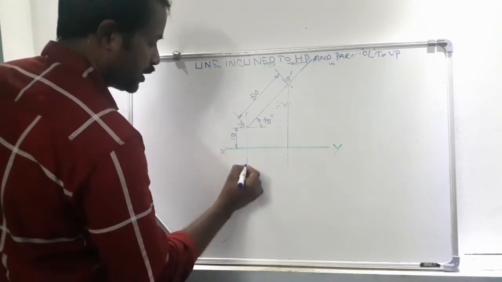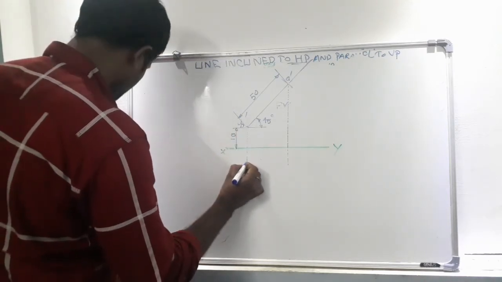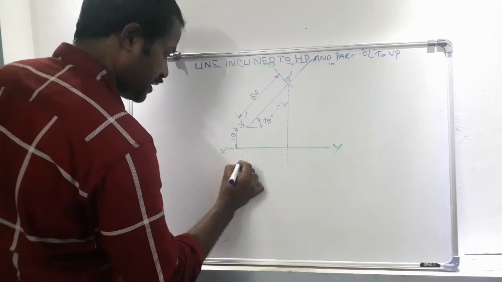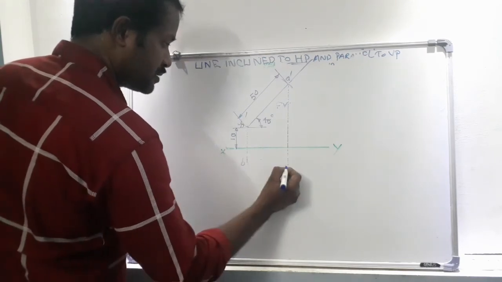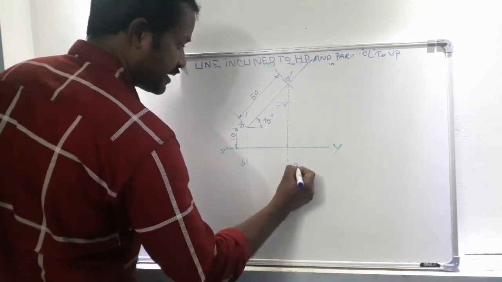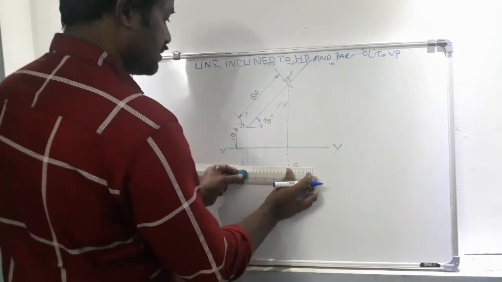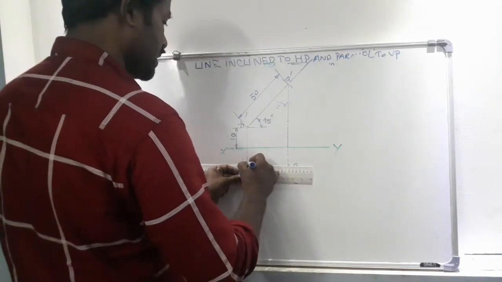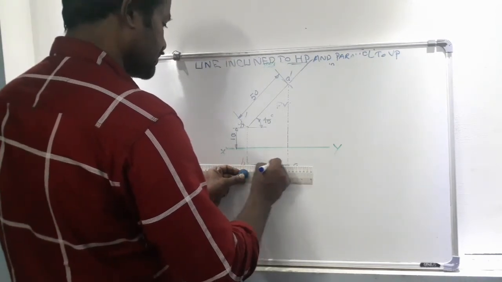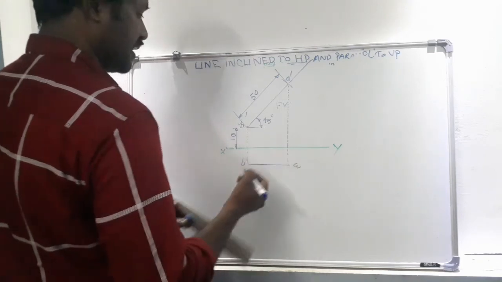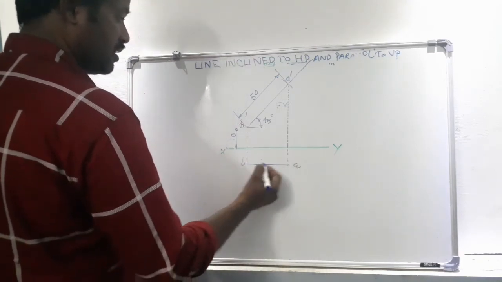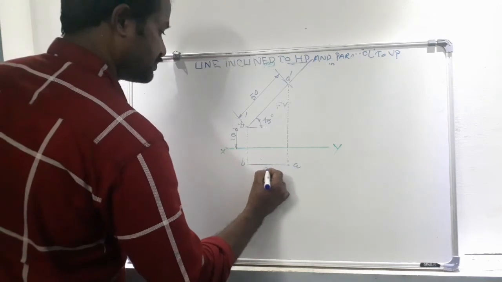Now this point is marked as B, and this point is called A. Now we connect both the points using a straight line. Now this is our plan.